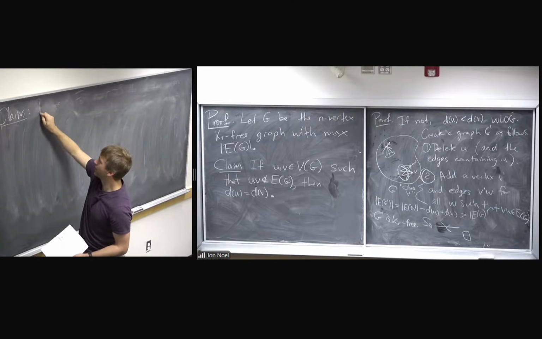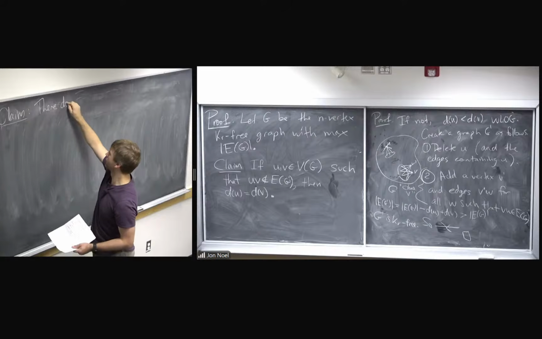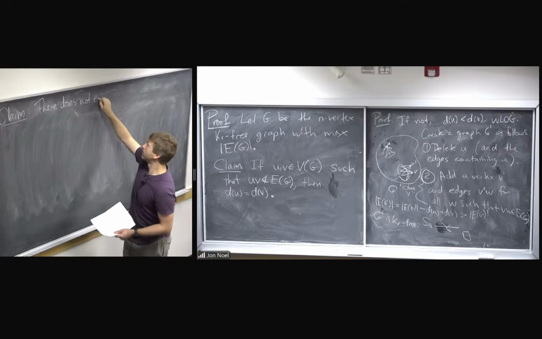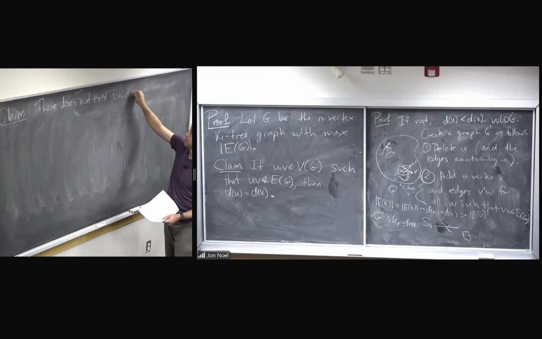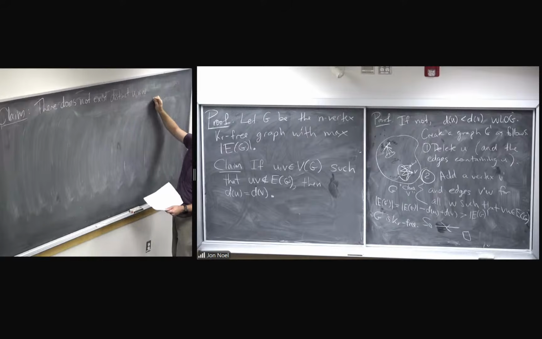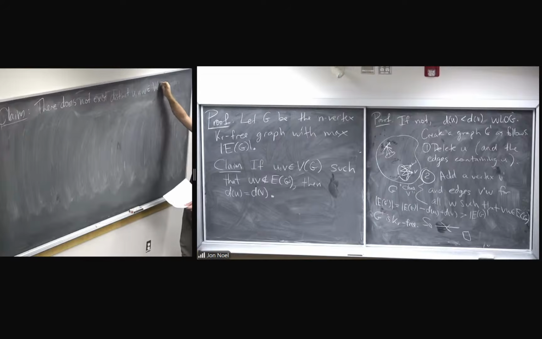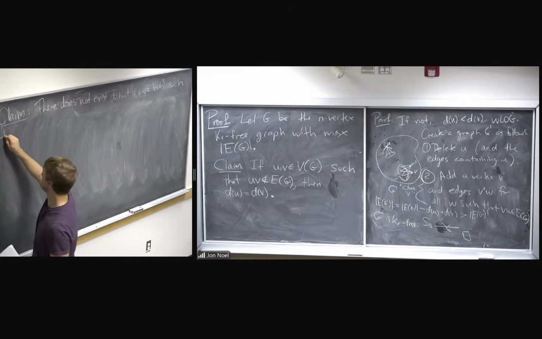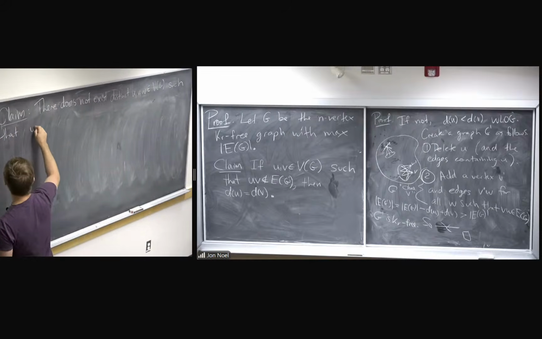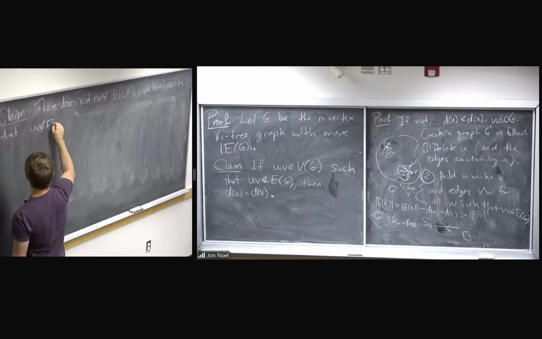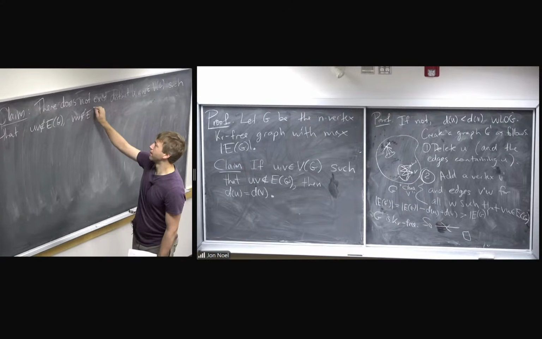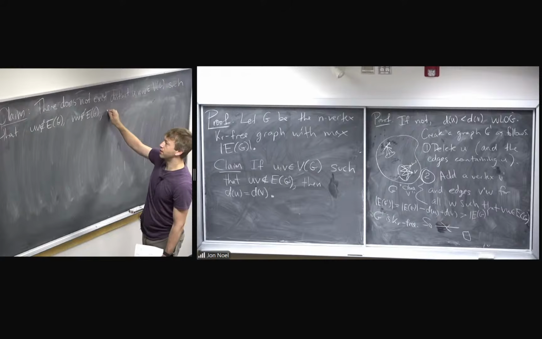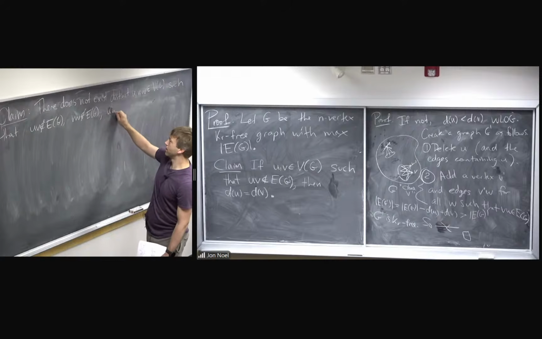So there does not exist distinct vertices u, v, and w in G such that UV is not an edge, VW is also not an edge, but UW is an edge.